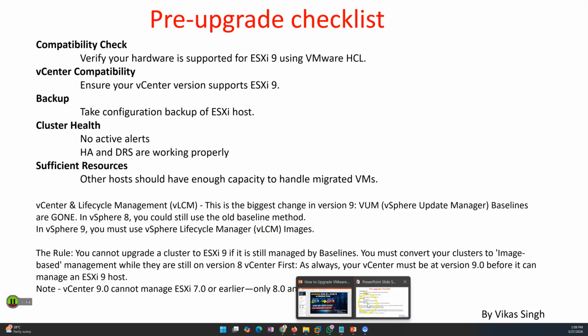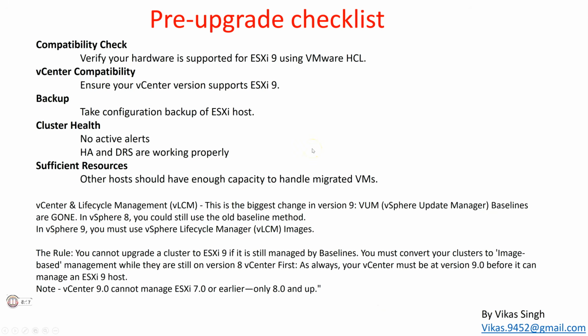You should have a pre-upgrade checklist with you. Compatibility check: verify your hardware is supported with ESXi 9 and VMware HCI. If you are upgrading your ESXi host and you have older hardware which does not support ESXi 9, then you have a problem. Also check the vCenter compatibility, ensure your vCenter version supports ESXi 9.